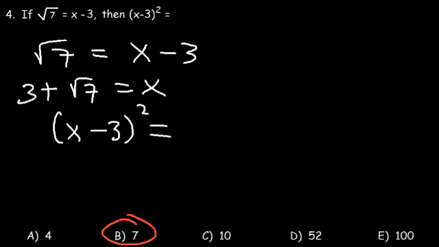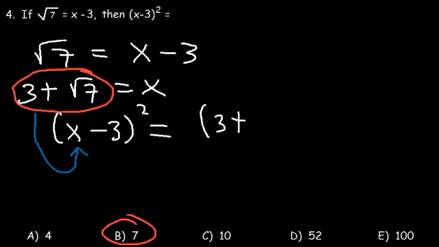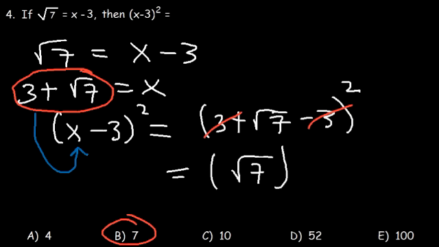And so since x is equal to 3 plus the square root of 7, we could take that value and insert it for x. So this is going to be 3 plus root 7 minus 3 squared. So the 3's will cancel. And then what you have left over is root 7 squared, which we know to be 7.